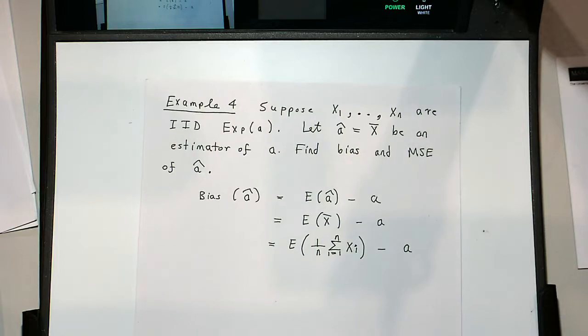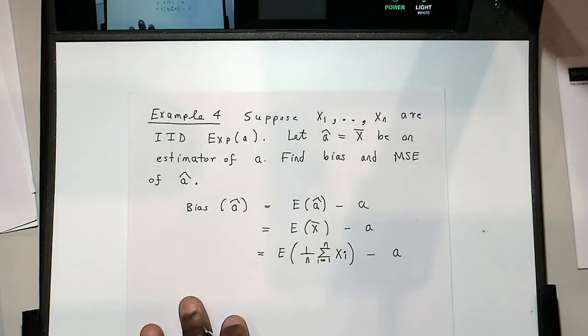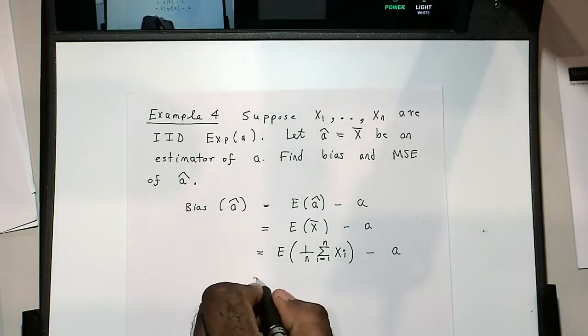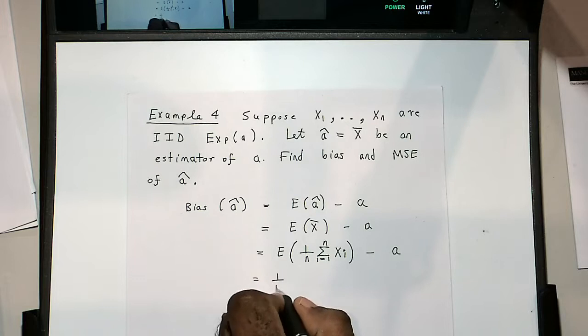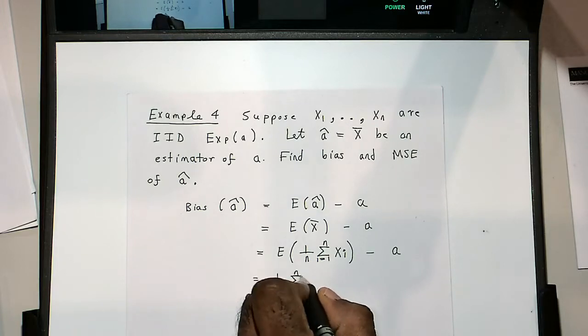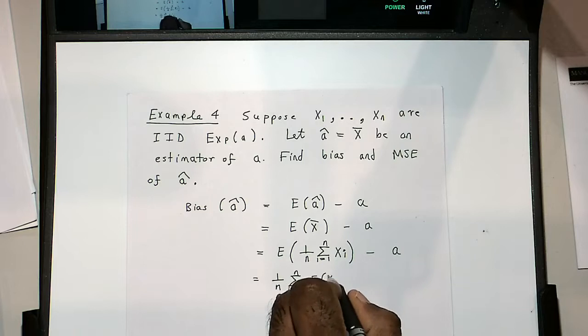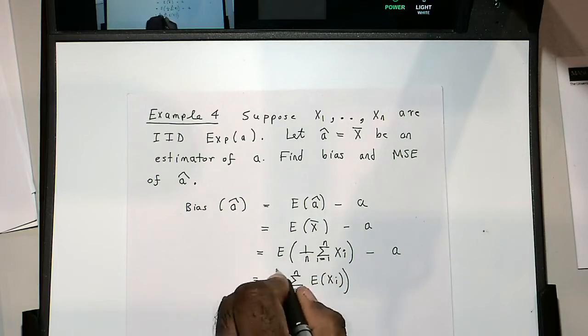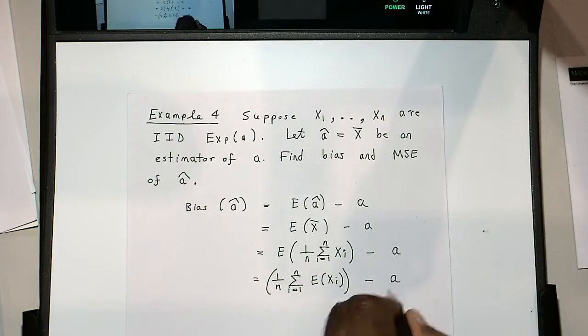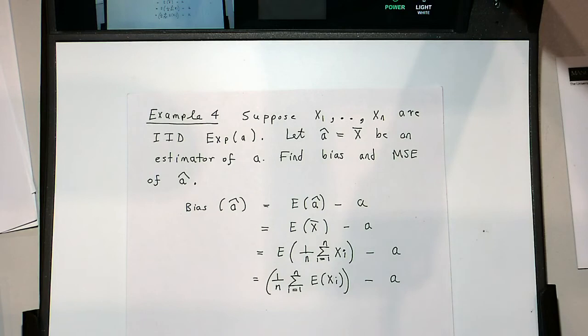Taking the expectation inside, you get 1 over n times the sum of the expectation of Xi minus a. Now, if you look at this web page here, you see that the expected value of X is 1 over lambda. In this case, I'm using a in place of lambda, right?